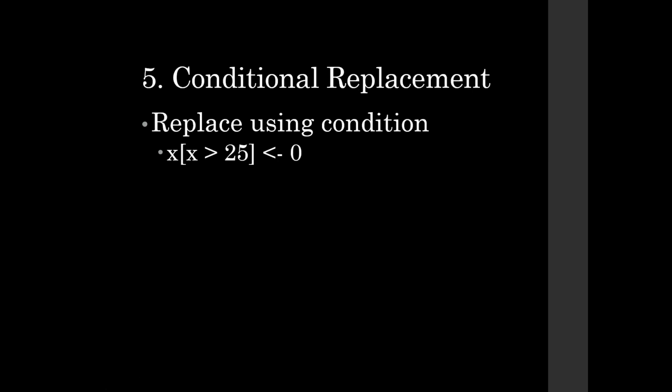You can also replace using a condition. So if you want to access all the elements of x that are greater than 25, first do that, and then using the assignment operator, you can assign 0. So this 0 will replace all the elements of x that are greater than 25.